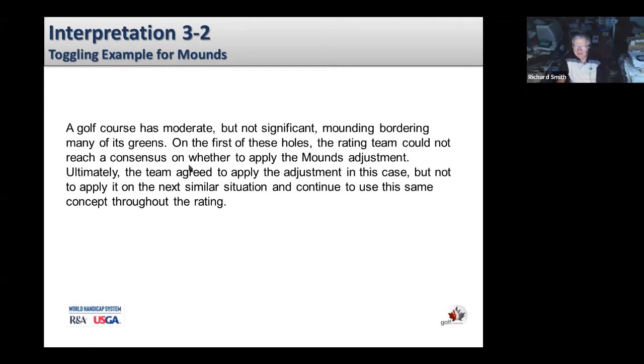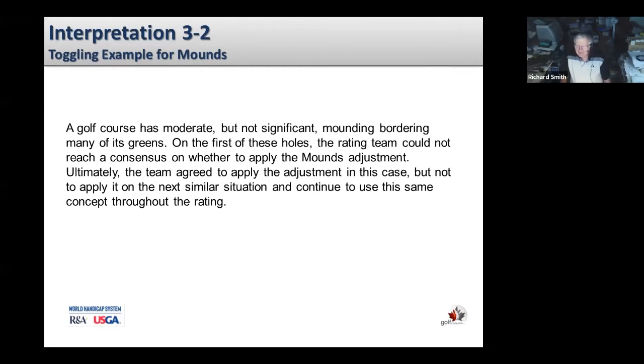Okay. Interpretation. Mounding is another example of where we often toggle back and forth. We had mentioned it when we looked at the definition of toggling. We had looked at the example of whether it had to do with the contour of green surfaces.